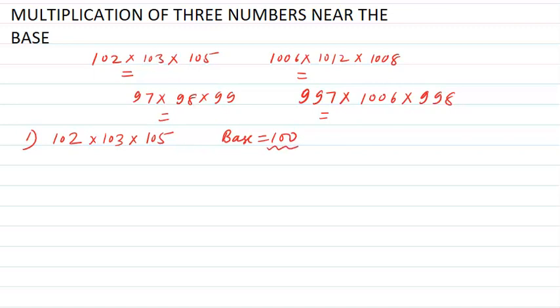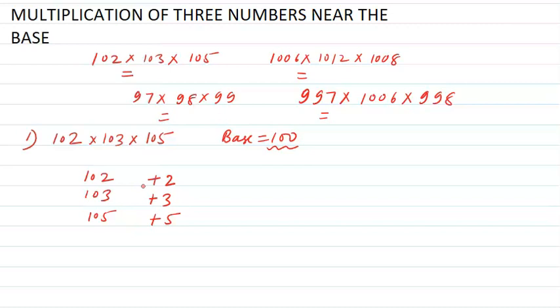Now to answer this, first of all let me explain the process in detail so that you don't miss anything. So I wrote these three numbers and then here I am writing the surplus with this base. So this is 2 more than the base, this is 3 more than the base, and this is 5 more than the base, right?